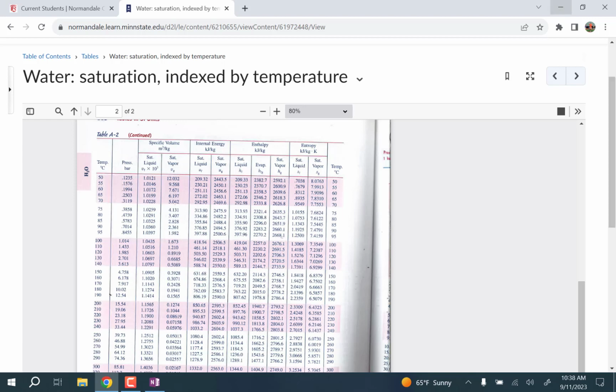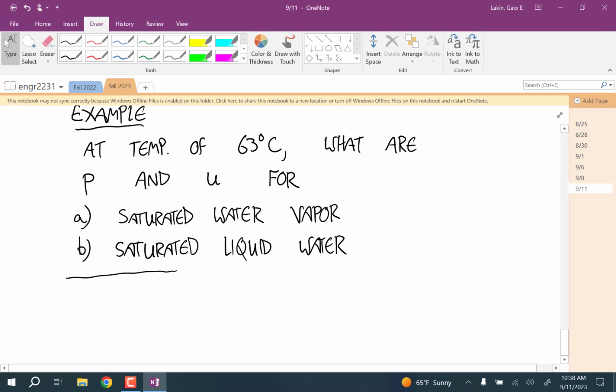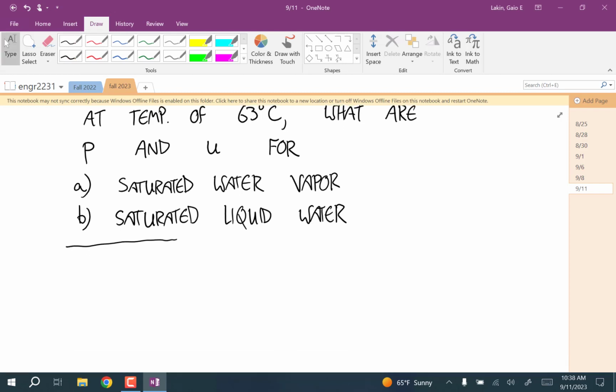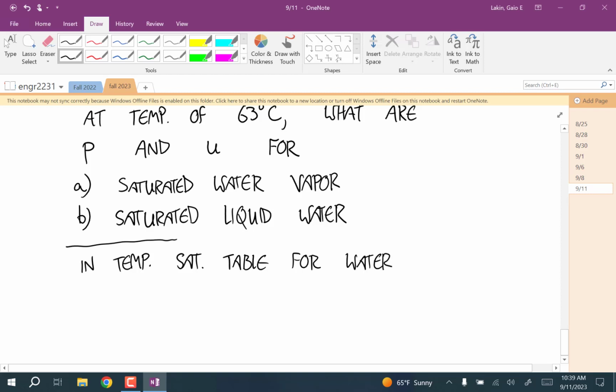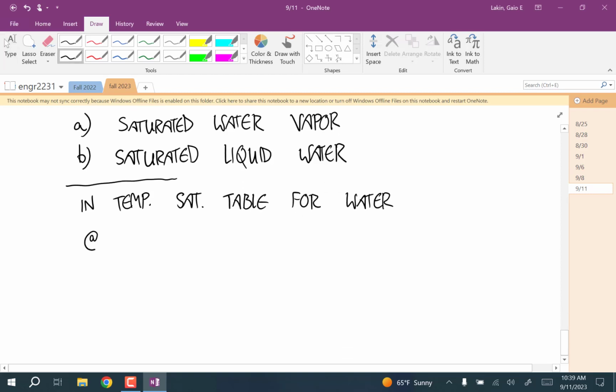Okay, so now from there we get all these values, and here's what they are. In the temperature saturation table for water, at 60 degrees, we're going to do the vapor first.